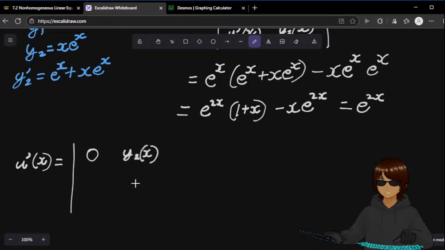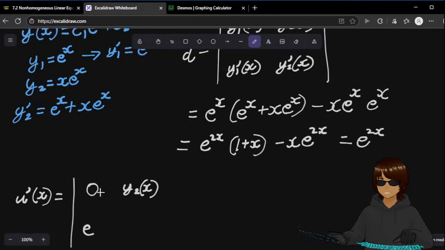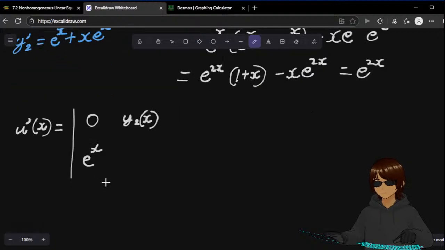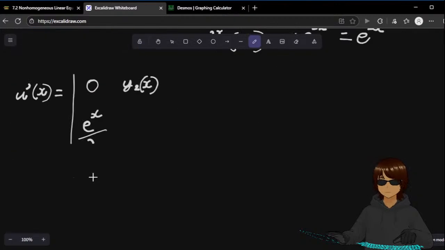this, and then e to the power of x over 2x. Or what? X square.